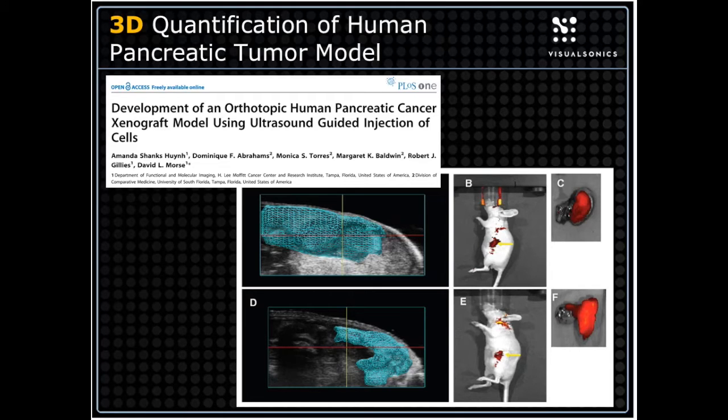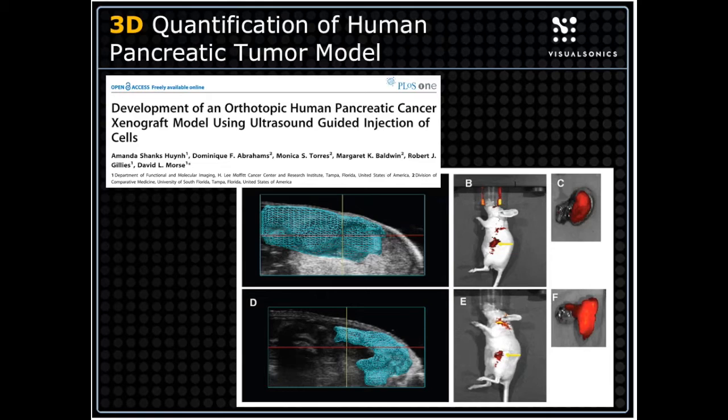In another study of an orthotopic tumor model, again in a pancreas, this publication compares what you can do with the ultrasound and optical imaging, with all the benefits and drawbacks. So for the ultrasound and optical imaging, both were able to detect the tumors, but what has been done in addition to a surgical implantation of tumor cells into the pancreas was that under ultrasound guidance, some mice received the tumor cells without surgery.